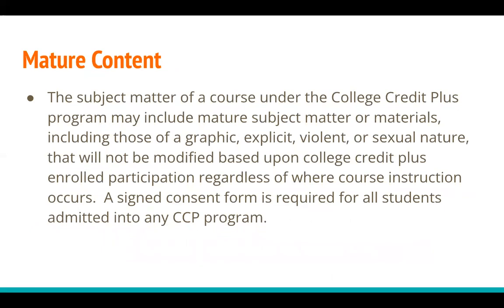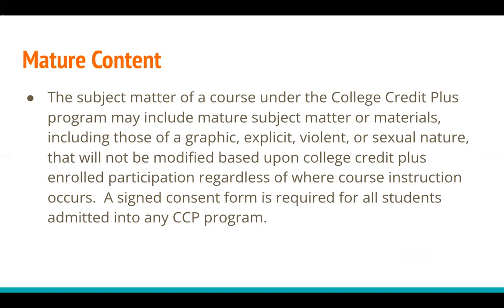This is something that I'm sure you guys are familiar with, but the CCP programs are really starting to make sure that they communicate it with families. There may be mature content covered in the courses, and that includes graphic, explicit, violent, anything of that nature. They don't alter the curriculum based on whether CCP students are in the course or not.